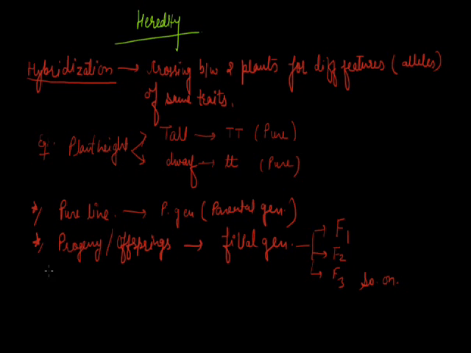Next is the types of hybridization. On the basis of the characteristic features studied, we can classify hybridization into various categories. The first one is called the monohybrid cross.